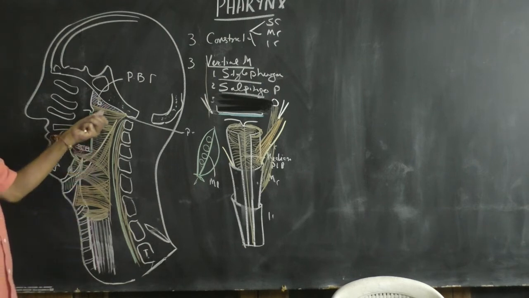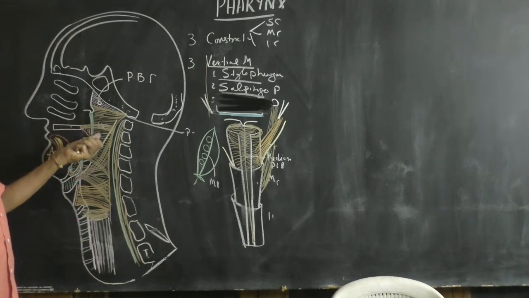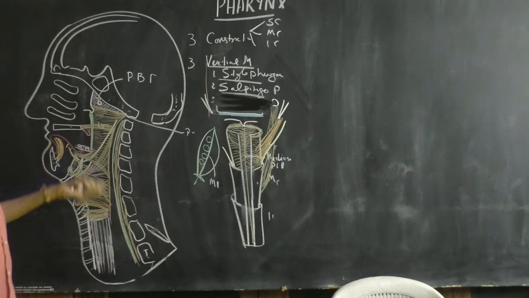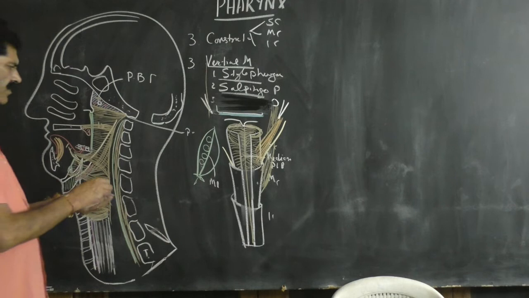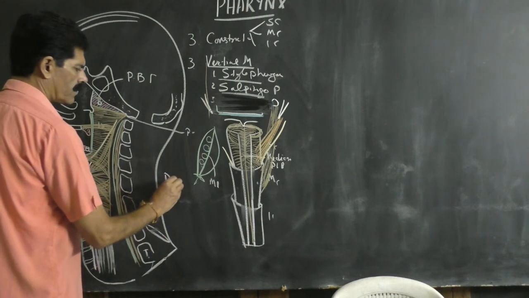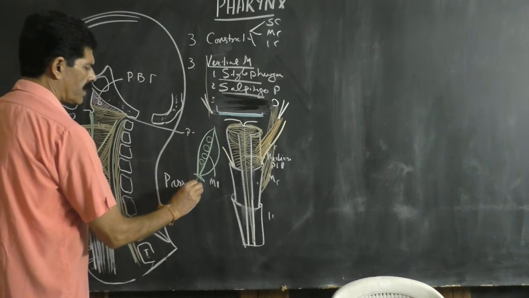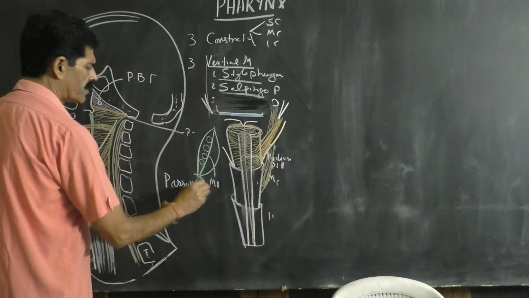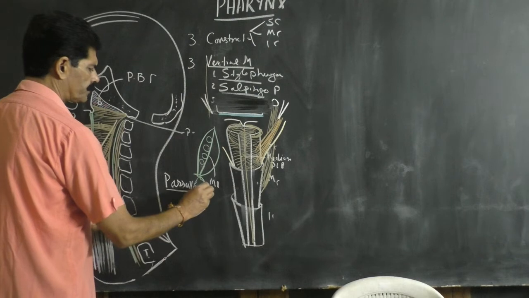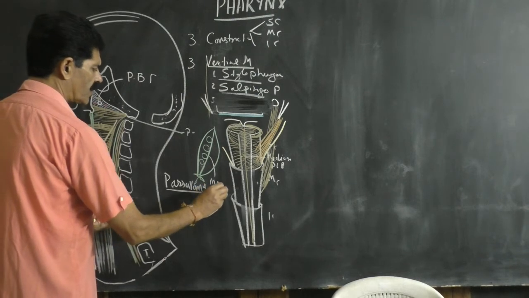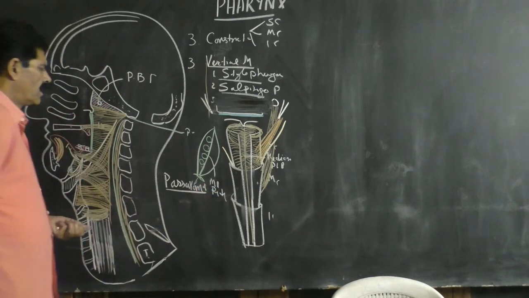The mucous membrane inside the pharynx is raised into a ridge over them. This is called Passavant's ridge. So Passavant's ridge is raised by the underlying horizontal fibers of the palatopharyngeus muscle.